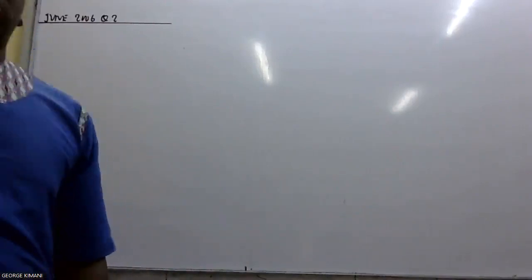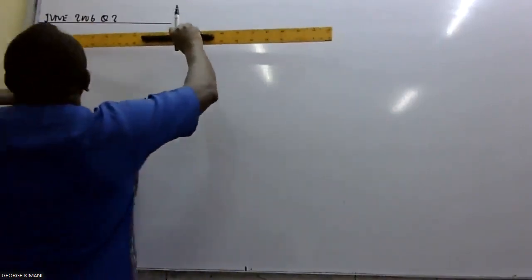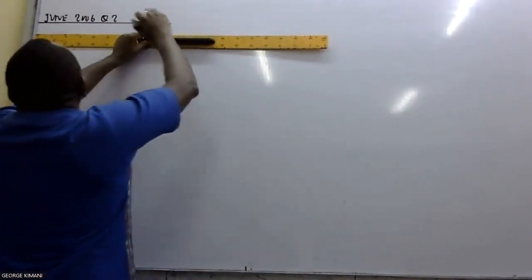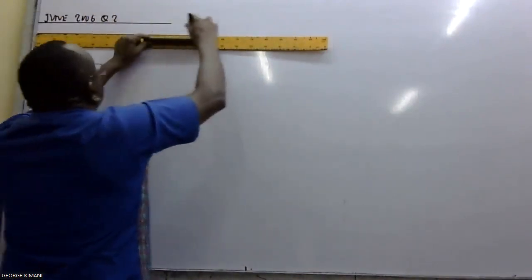Now, maybe I want us to start with something we call transactions table.